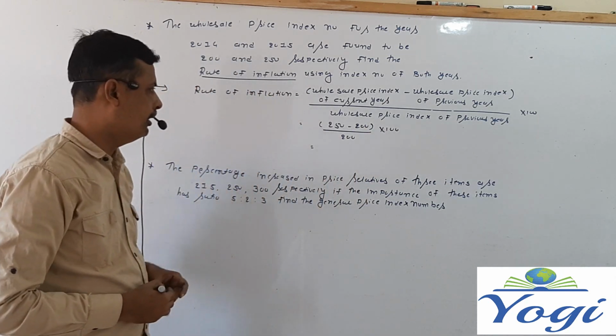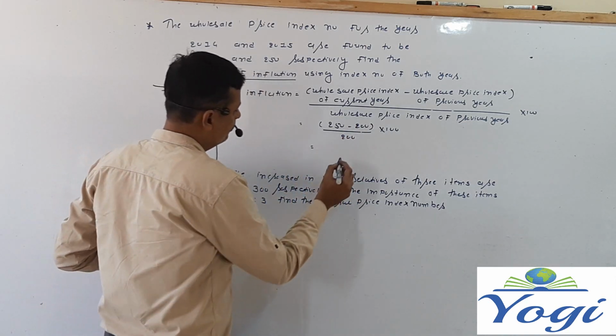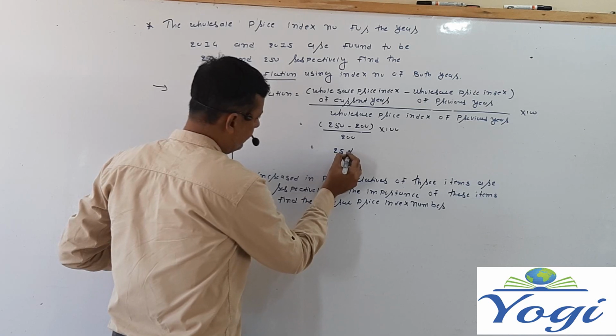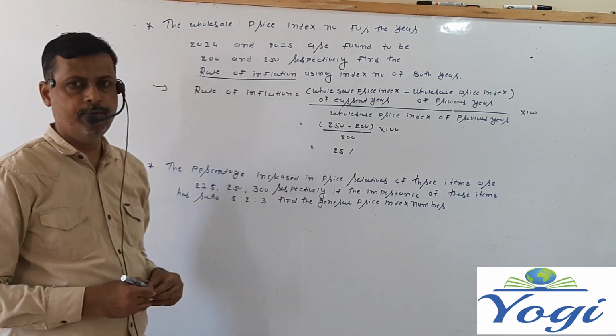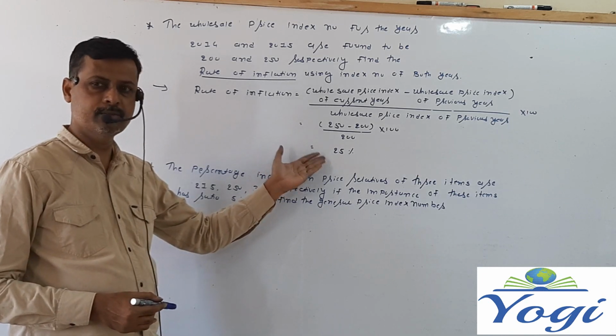So 250 minus 200 becomes 50 into 100 upon 200. So the rate of inflation is 25%.